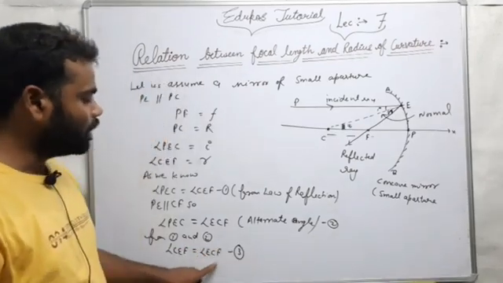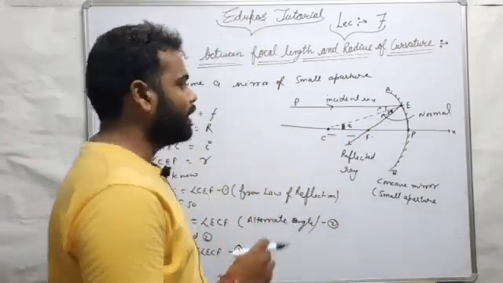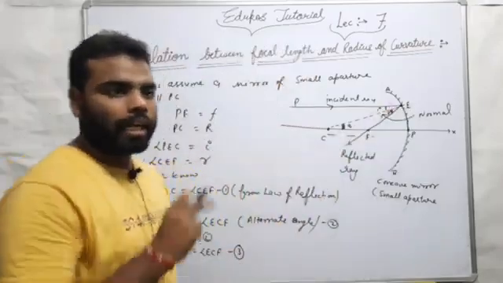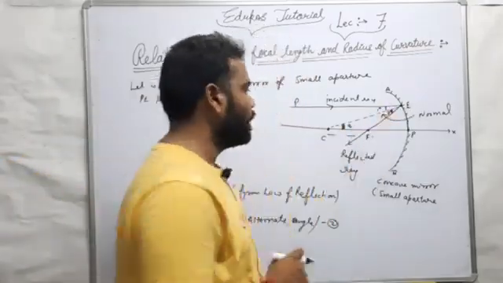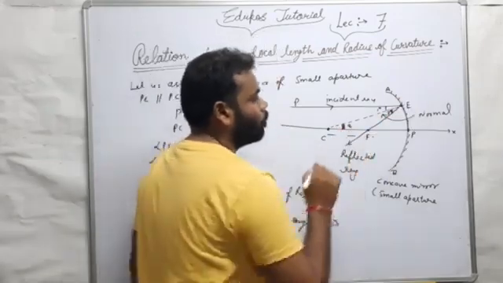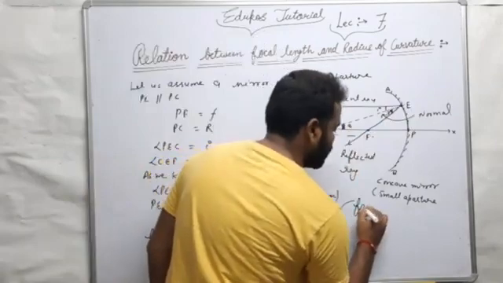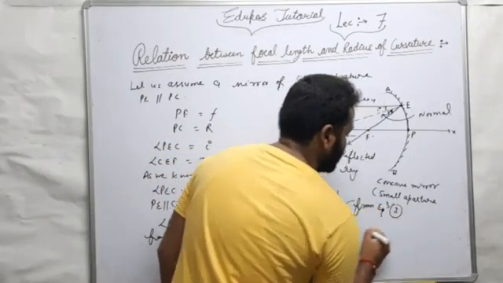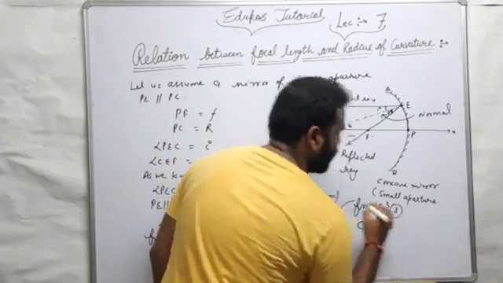Now by using this equation we can say that angle Q is equal to angle R. It means triangle CEF is an isosceles triangle, and in an isosceles triangle two sides are equal. It means CF is equal to FE. From equation 3 we can say that CF will be equal to FE.